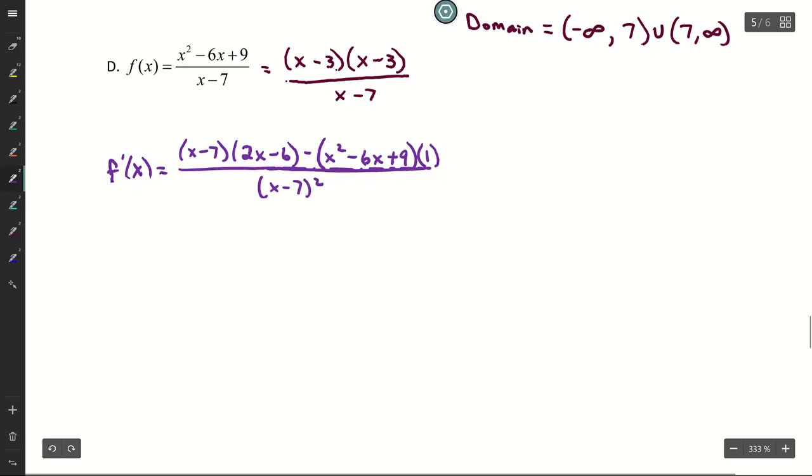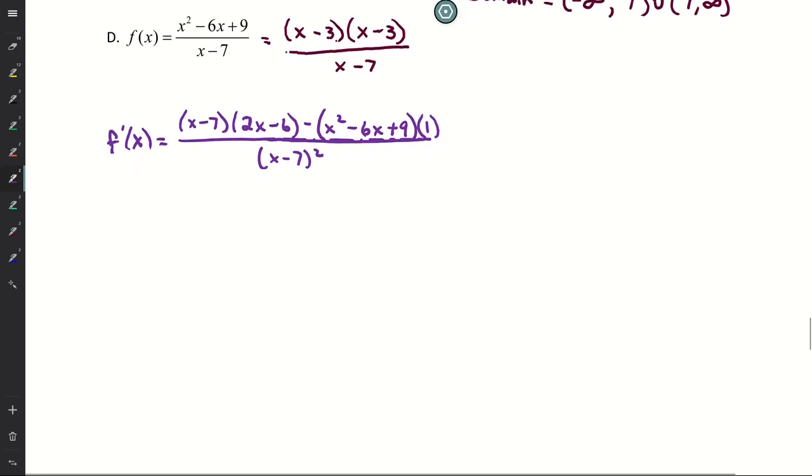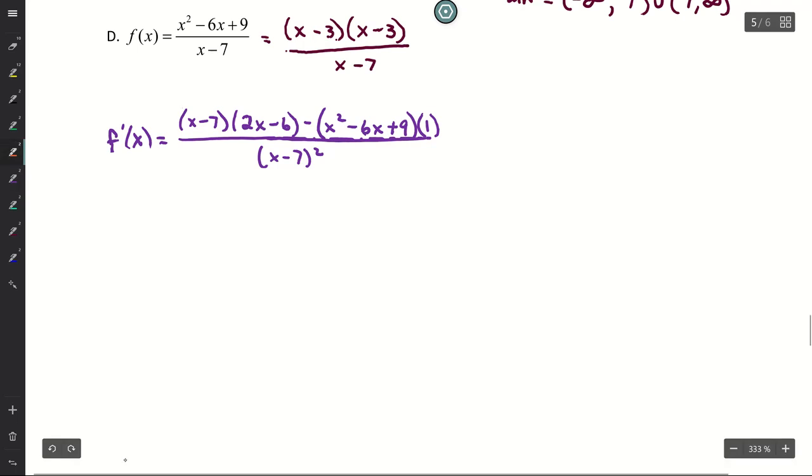All right, from here, I'm going to go ahead and distribute, and I'm going to be really careful. On the first part, I'm actually going to FOIL. On the second part, we're multiplying by 1, which won't make a difference, but we do have this negative that's going to need to be distributed.